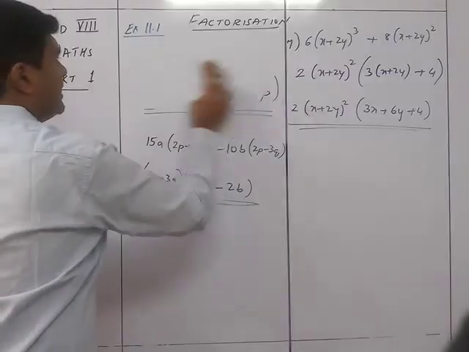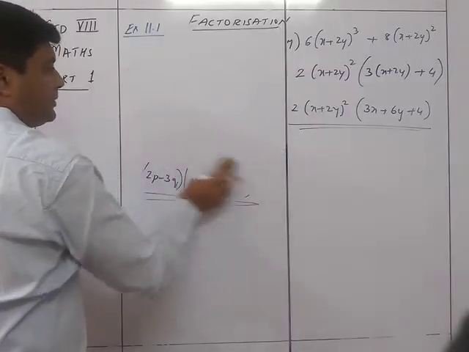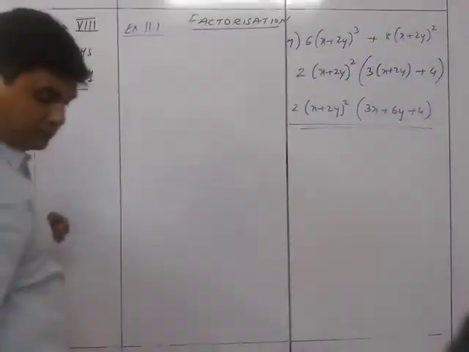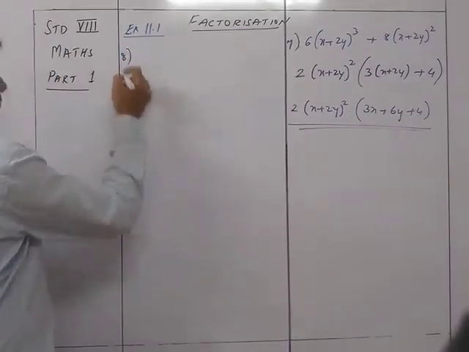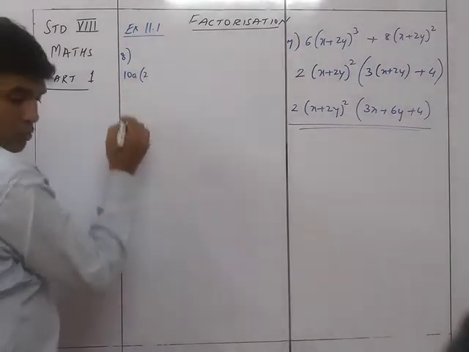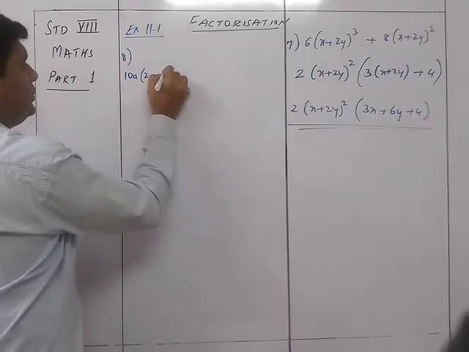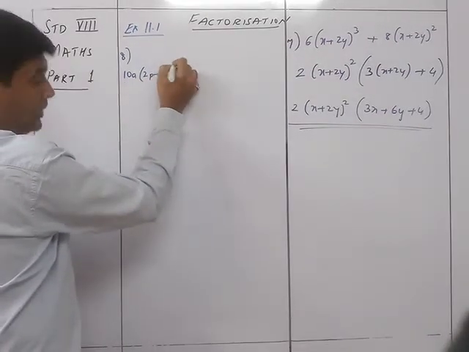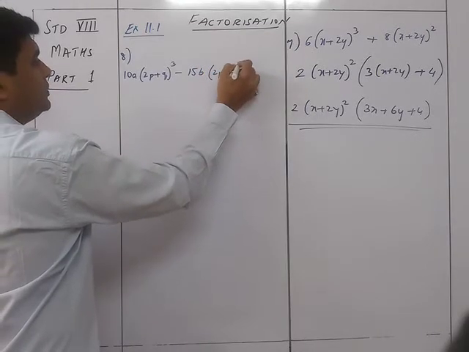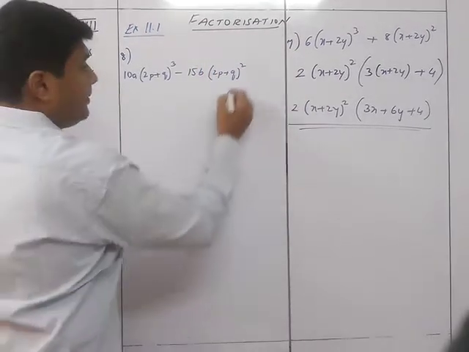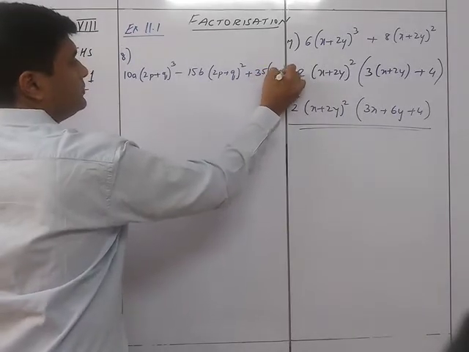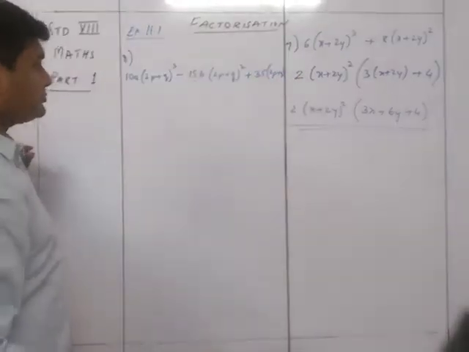We now move on to sum number 8. It is 10a bracket 2p plus q the whole cube minus 15b 2p plus q the whole square plus 35 2p plus q.